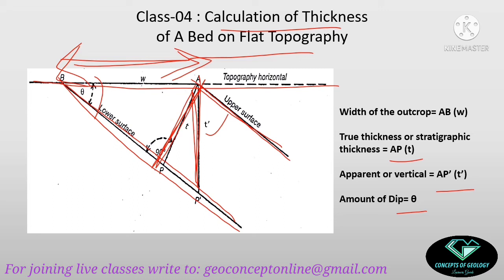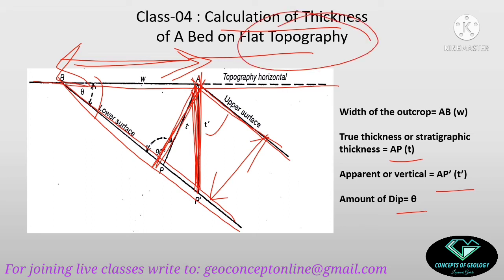We also can have this T dash length, because if I do a borehole, actually we will have this T dash length, but the problem is to find out the stratigraphic thickness, or the true thickness of the strata, okay. So let's try to find out the trigonometric relationships between these factors in a flat topography, okay.